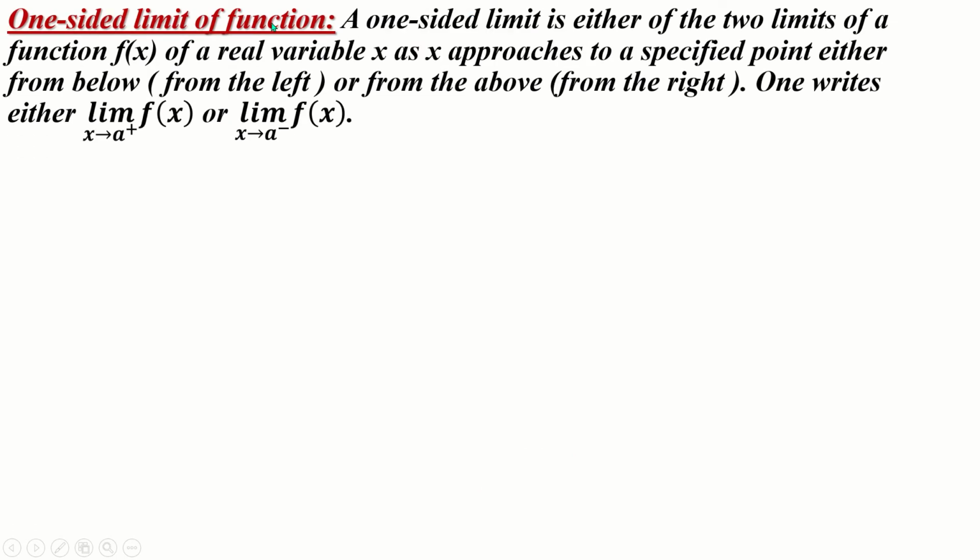One-sided limit of function: either left or right, plus or minus. If there is no specification, meaning right hand limit or left hand limit is not specified, then it is called a one-sided limit of function.